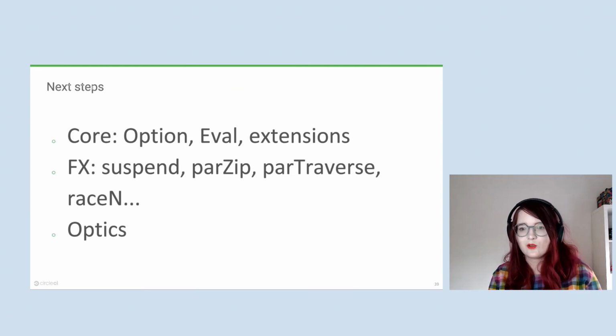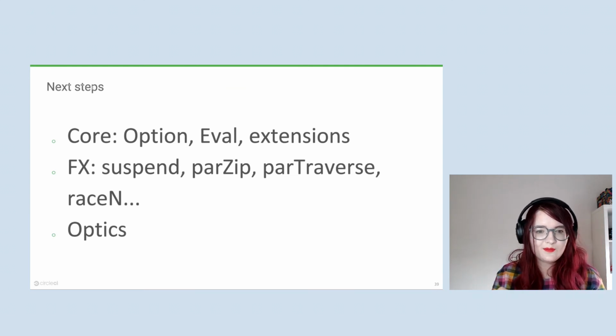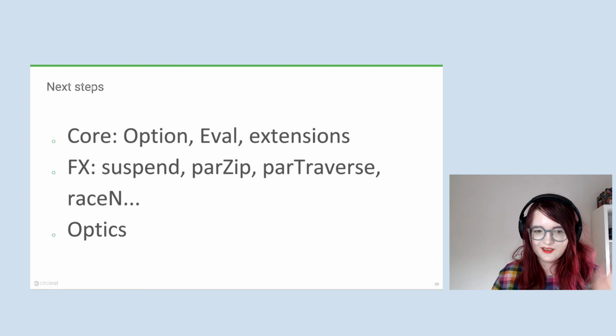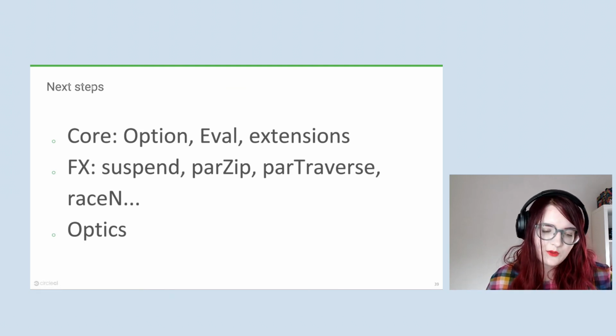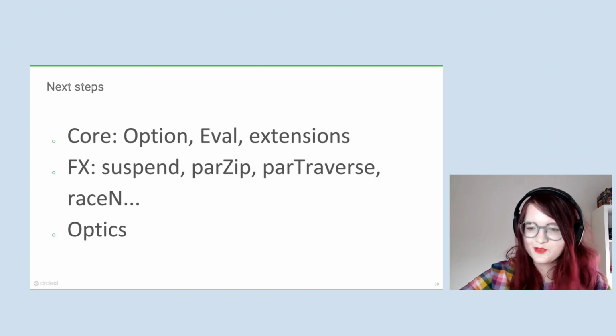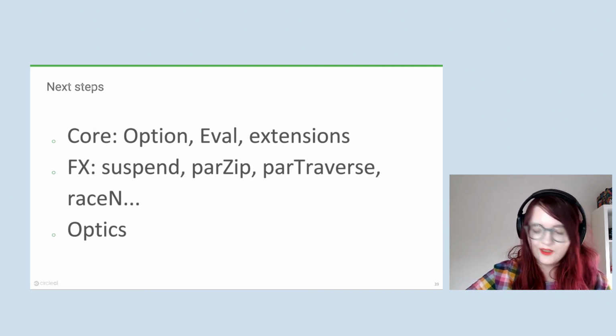In Arrow, they are a bit different. There's also parTraverse for handling them, and in Optics to traverse the immutable structures. And yeah, I think that's it for today. If you have any questions, I will answer them.